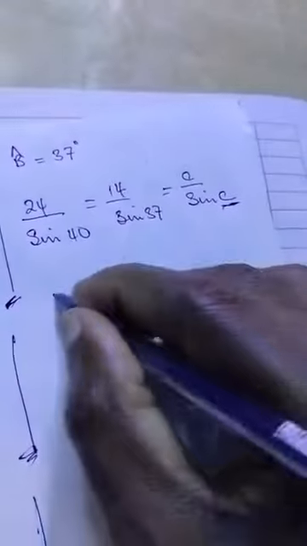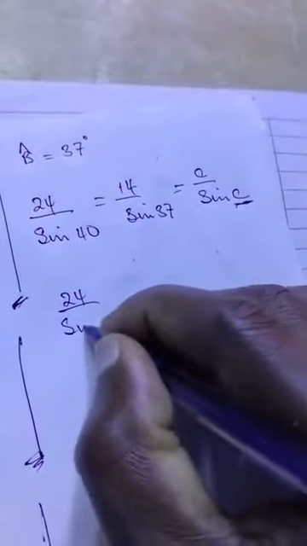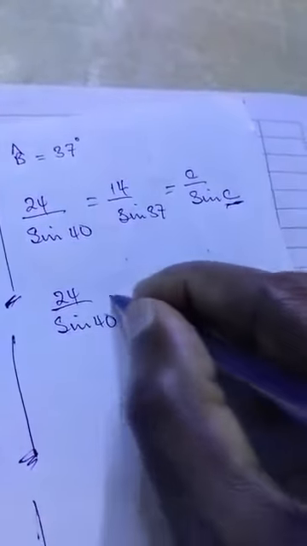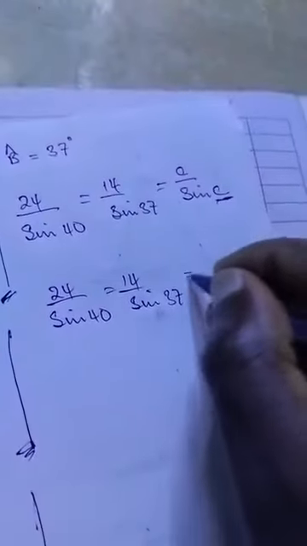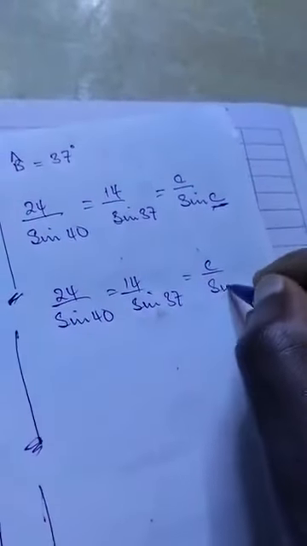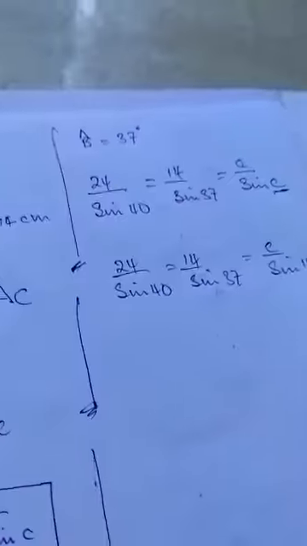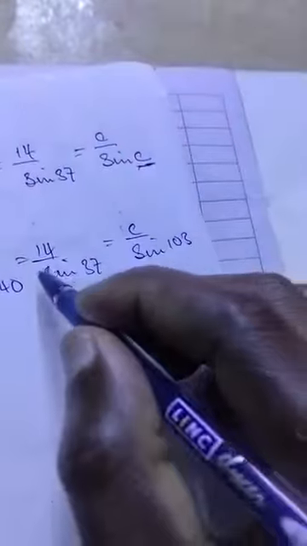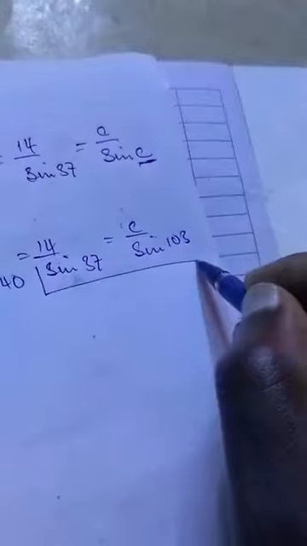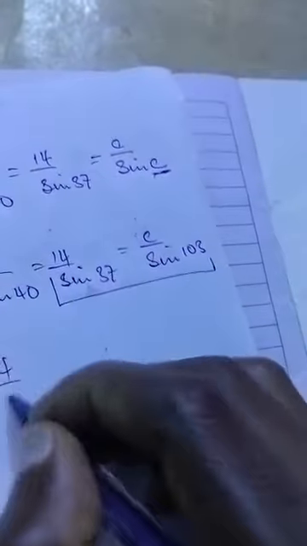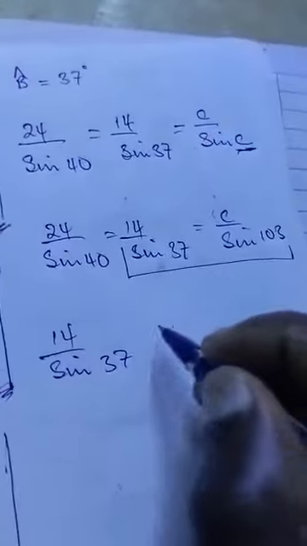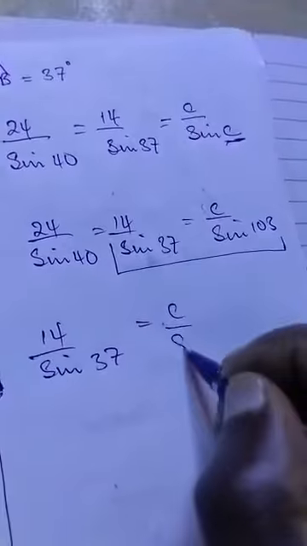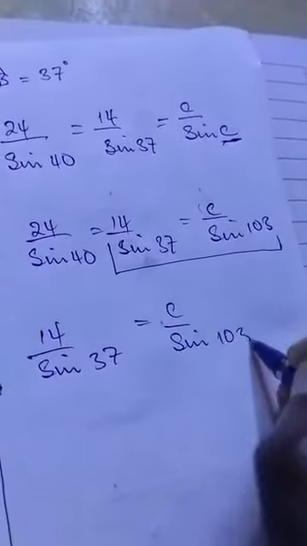So you rewrite: sine 40 over 24 equals sine 37 over 14 equals sine 103 over c, something like this. Now I want to find c, so I can just use this part, sine 37 over 14 equals sine 103 over c.